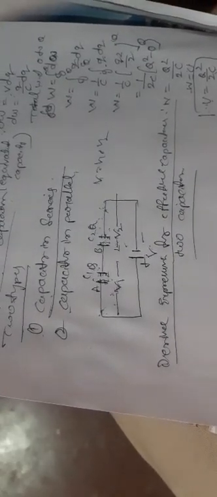Now derive the expression for the equivalent capacitance of two capacitors. Derive, that means find the effective or equivalent capacitance, both are the same, of two capacitors in series combination.